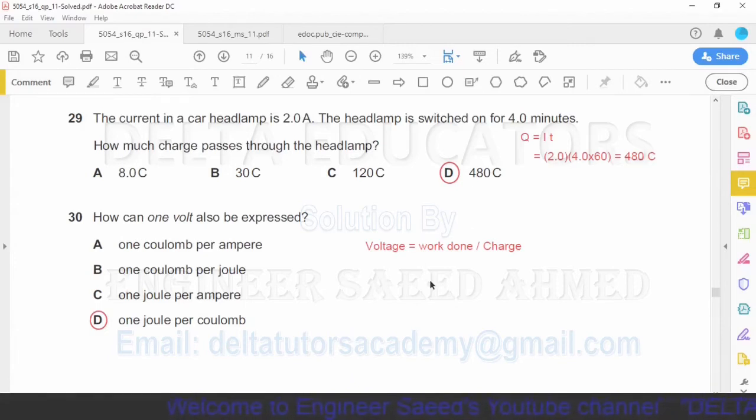The unit of work done is joule, and the unit of charge is coulomb. So the unit of voltage will be joule per coulomb. So we can say 1 volt is equal to 1 joule per coulomb. So option D is the correct one.